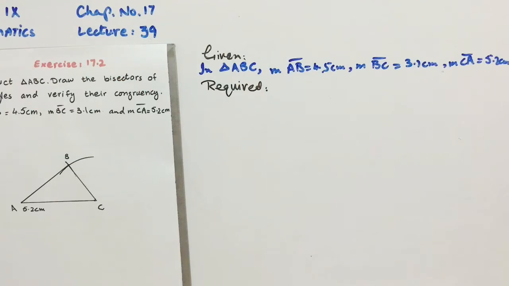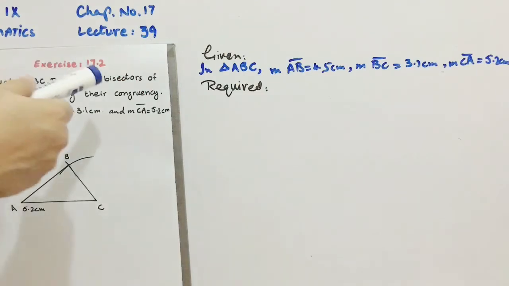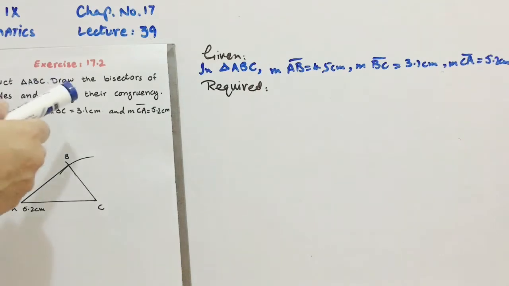Now what is required? We are required to draw the bisectors of its angles and to verify their concurrency.